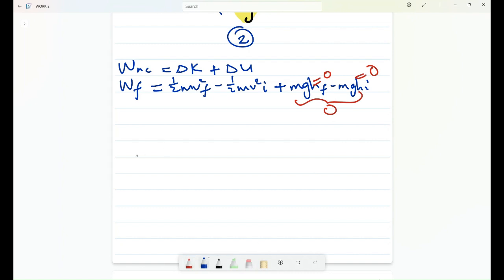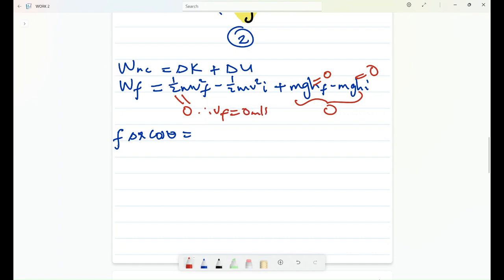So we end up having work done by friction, which is friction times change in x times cosine of my angle, equal to half mv squared final minus half mv squared initial. But half mv squared final is 0, because my final velocity was given as 0, since they said it came to rest.